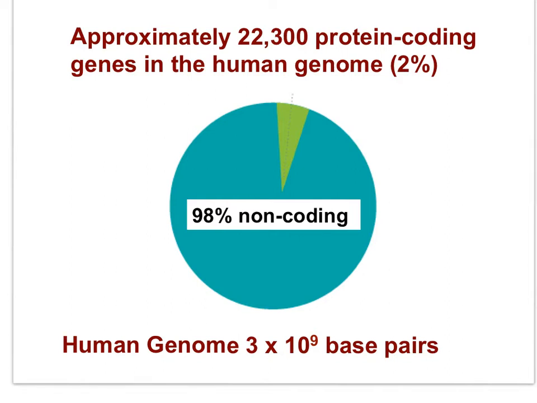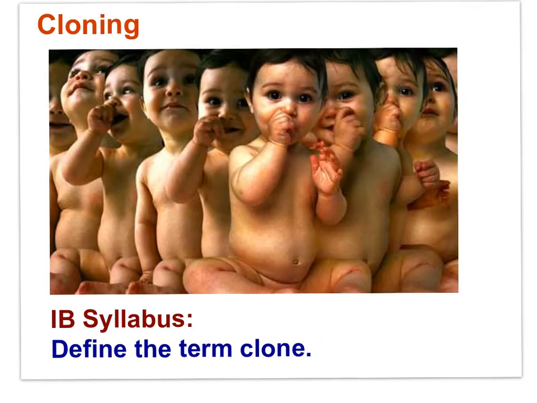More and more we're finding roles for sections of the DNA that we thought previously had no role. So be careful in your thinking here, and let's not use the term junk DNA to describe what might be called non-coding DNA. So now, let's shift our focus to cloning.